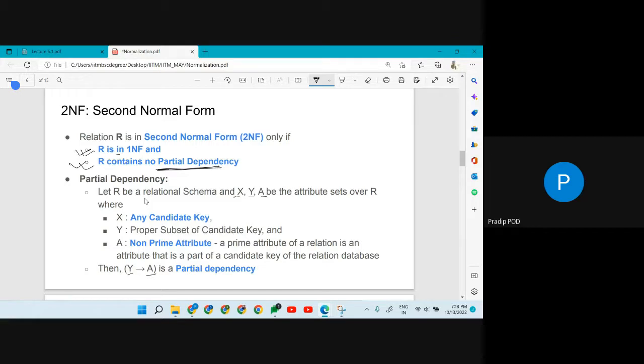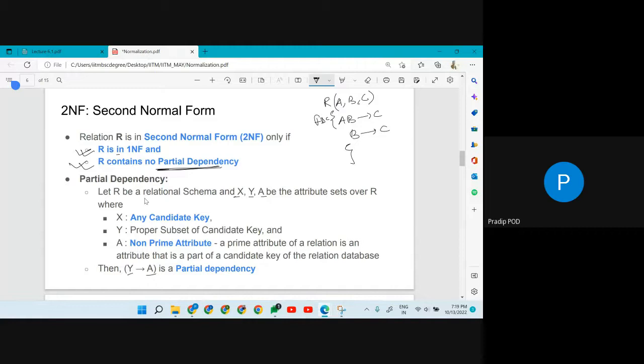What does this mean? Suppose your candidate key is given. Suppose these are your three attributes A, B, C, and your functional dependencies are given: A, B to C, right? And B to C. This is your functional dependency.